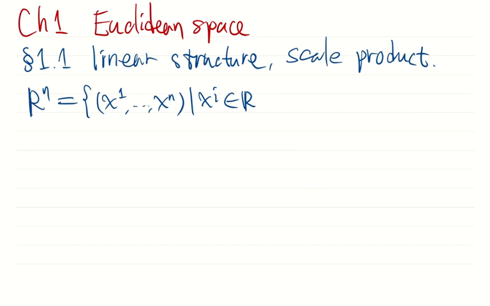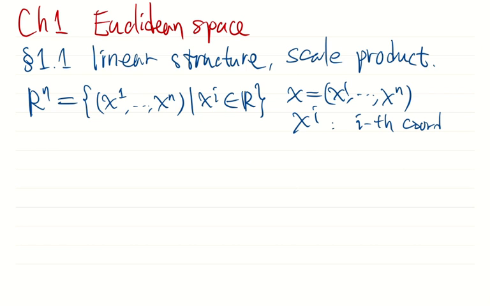The xi are real numbers. And we can also use a single letter to denote an element of Rn. Of course, this x is (x1, ..., xn). And these xi are called the i-th coordinate or components of x.